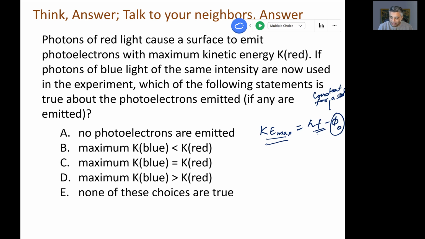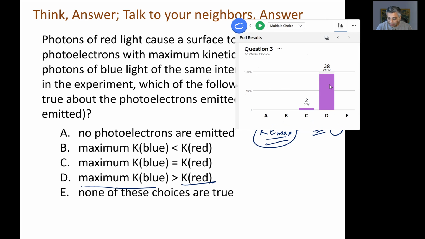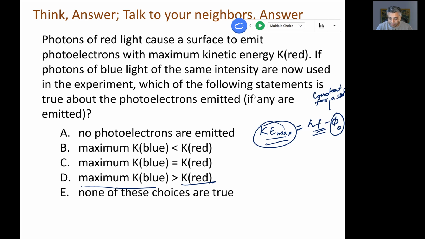So that means that's going to have the largest kinetic energy. So maximum kinetic energy for blue is going to be larger than for red. Yeah, red has the longest wavelength among the visible light. So yes, D is the correct answer.